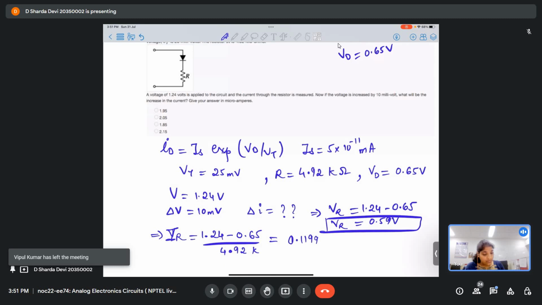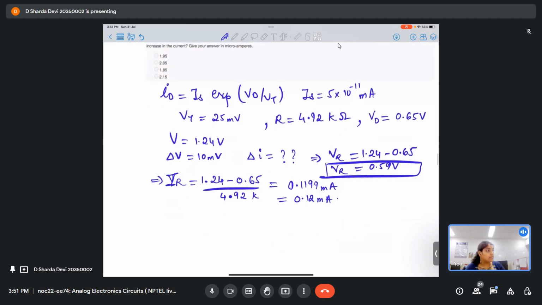So IR is about 0.12 milliamps. This is the current across the resistor.